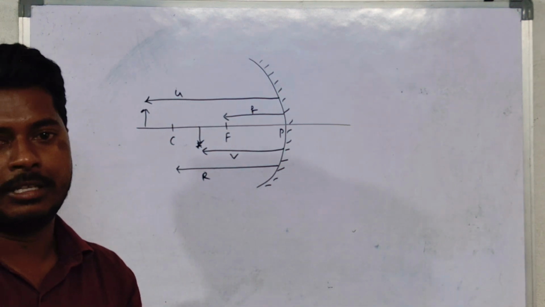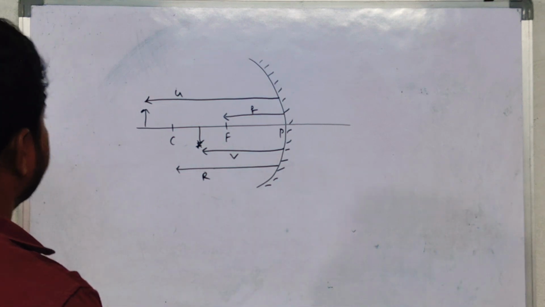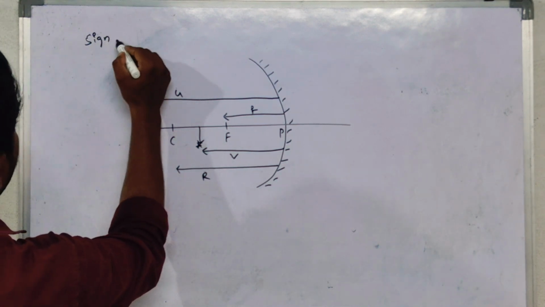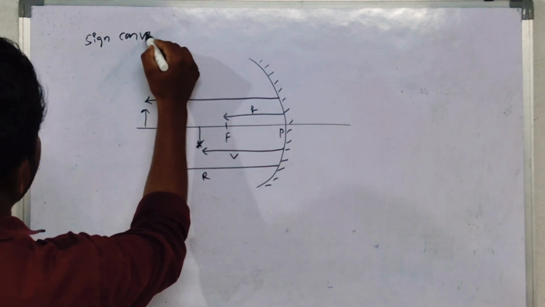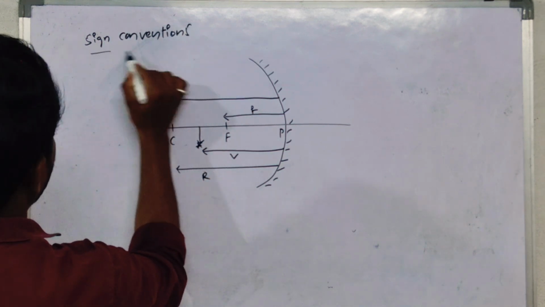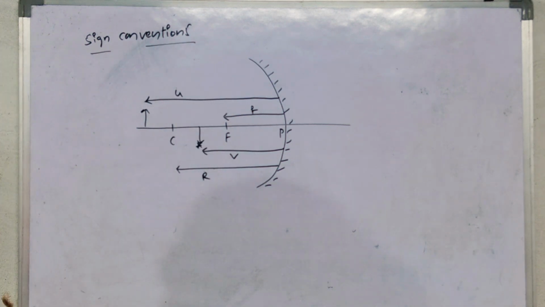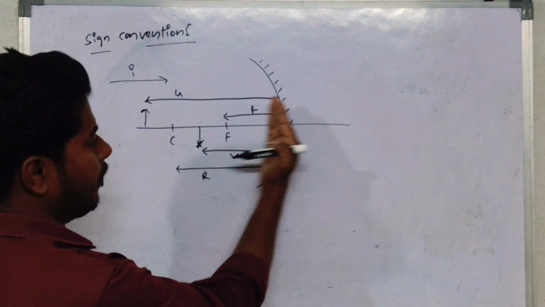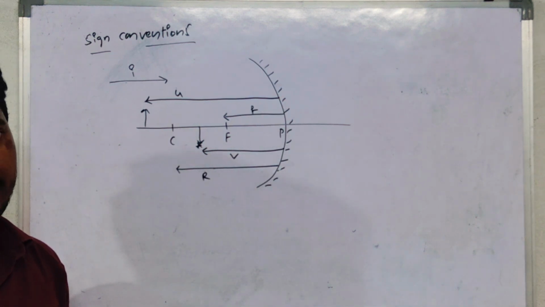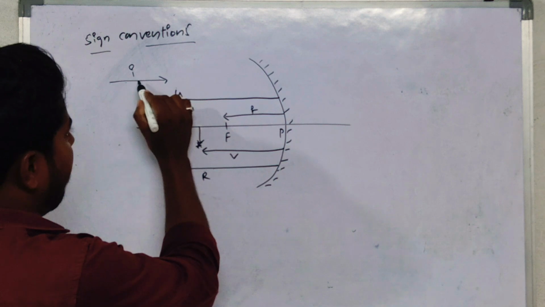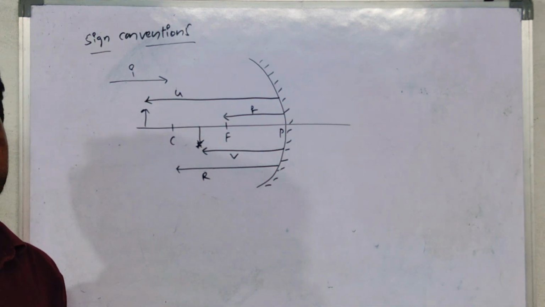Let's apply the sign conventions. All distances are measured from the mirror, and every distance should be compared with the direction of the incident ray.